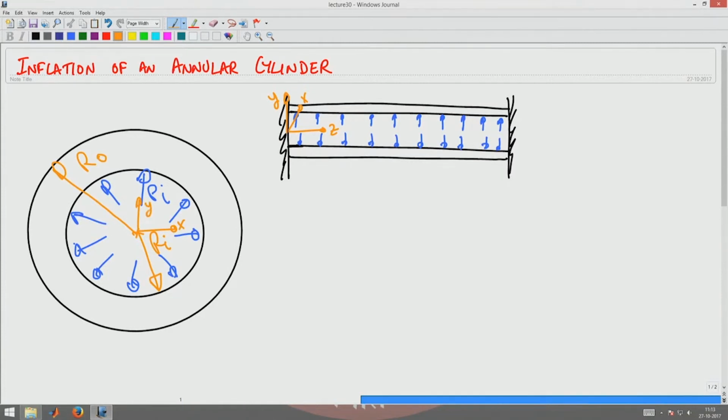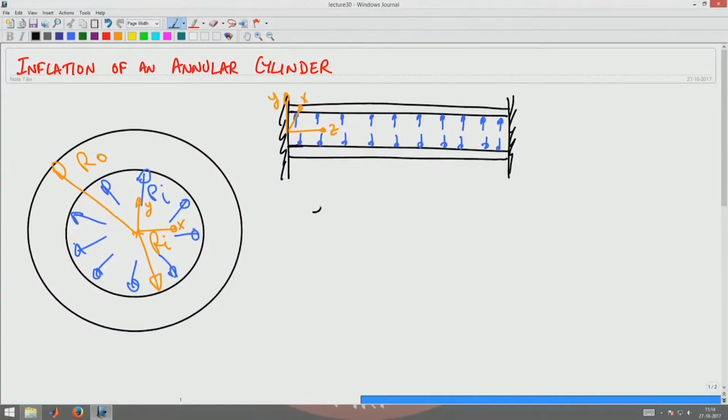Now, if I want to study a problem in the cylindrical polar coordinate system, I have to say what the components of stresses mean in this system. You know that in the cylindrical polar coordinate system, you have to transform from the x, y, z basis, E x, E y, E z, to the radial, circumferential and axial basis, where E r is given by cos theta E x plus sin theta E y.